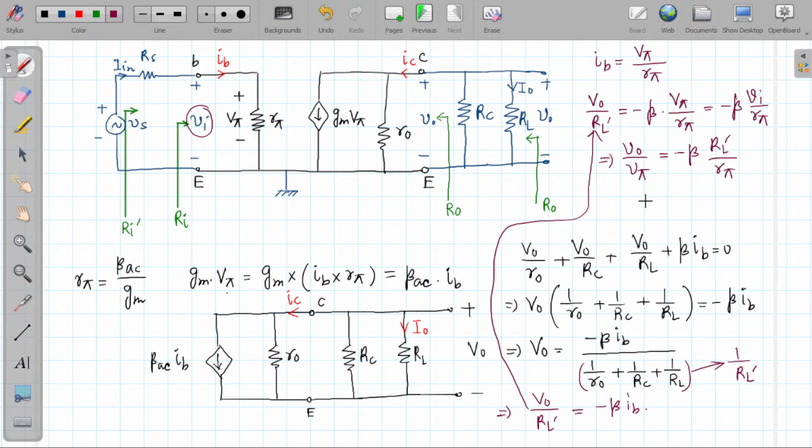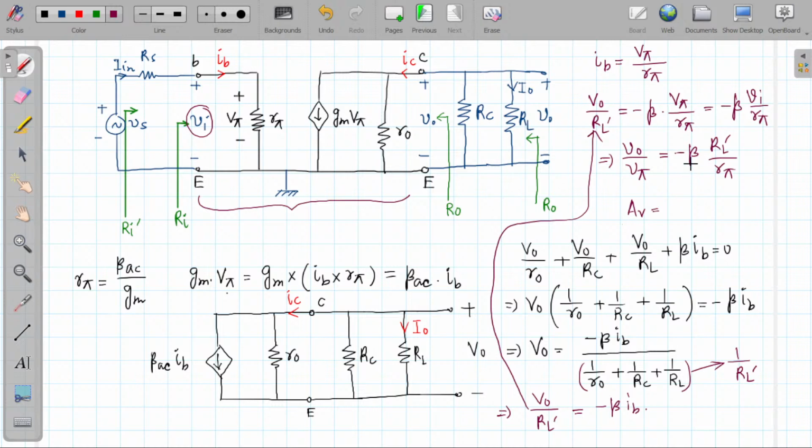This is nothing but the internal voltage gain of the transistor, because this part is the transistor and you are finding V0 by VI, the output voltage of the transistor itself divided by the input voltage of the transistor itself. So it is the internal voltage gain, and we are finding the AV.